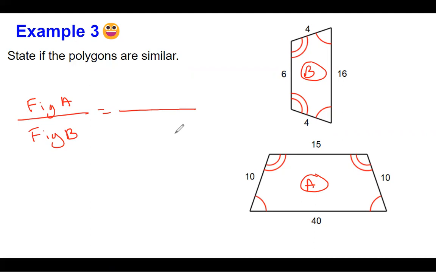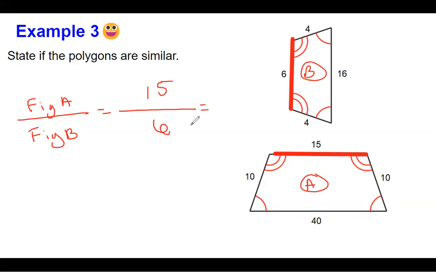So what side do you want to compare first? Gianna, help me out. Pick one from A to B. Okay, so let's do 15. Let me highlight it very quickly. You're only choosing one. 15, and which one is 15 corresponding to? 6. Okay, so let's create our ratio. Here's 15, here's 6.